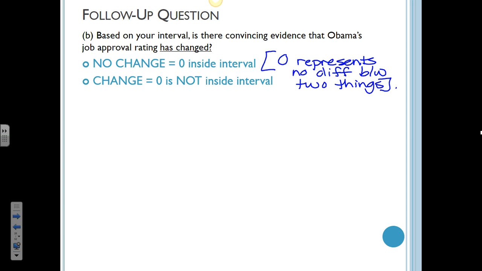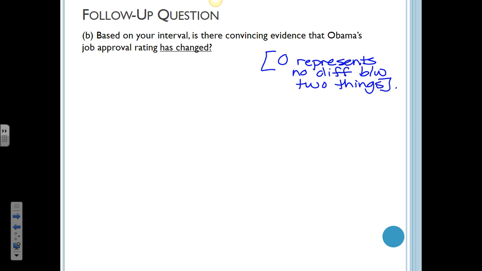There is no difference. He did not change. Because if he did change, let's say he got an 8 out of 10, learned from his mistakes, got a 10 out of 10, did it change? Yes. What was the result? He went from 8 out of 10 to 10 out of 10. He improved by 2 points because 10 minus 8 is 2. You guys see that? So if there is a change, that means that 0 is not in the interval.